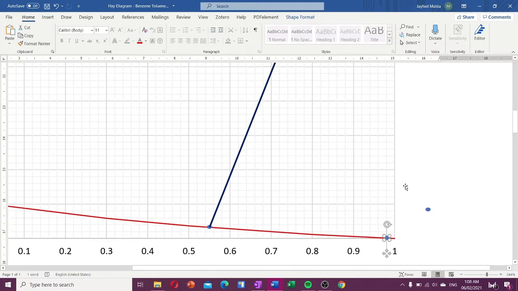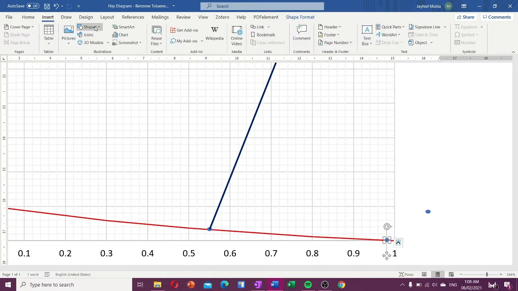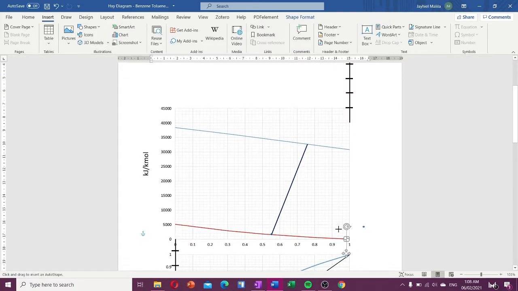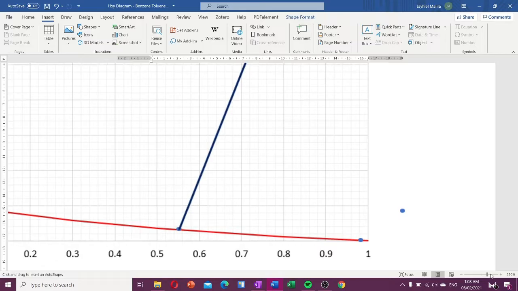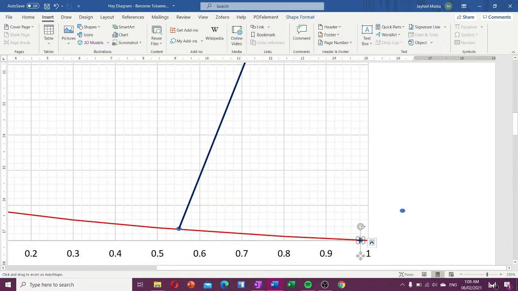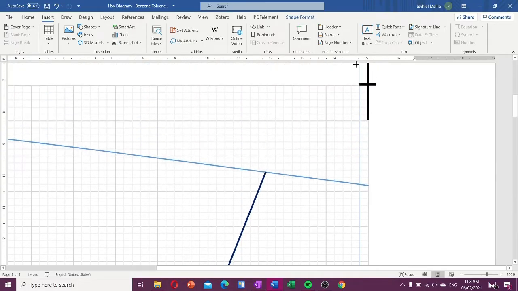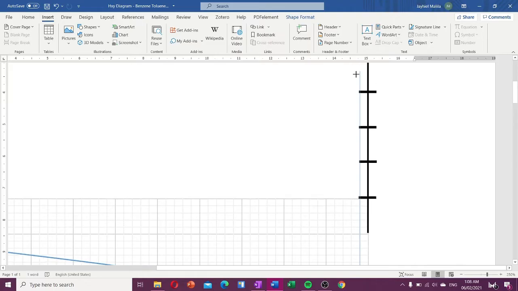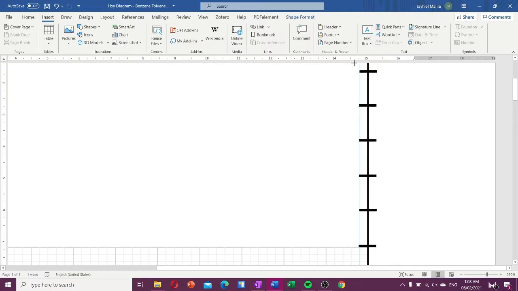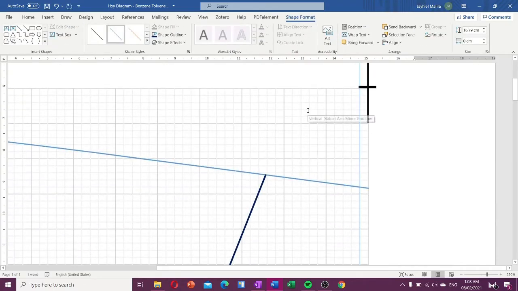So what we're going to do is to extend another line. It's somehow difficult, so I will be extending a line over here. I think that's enough.